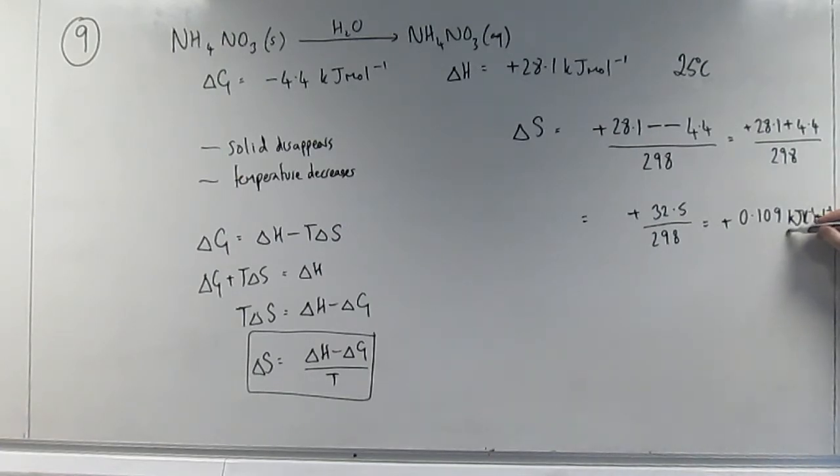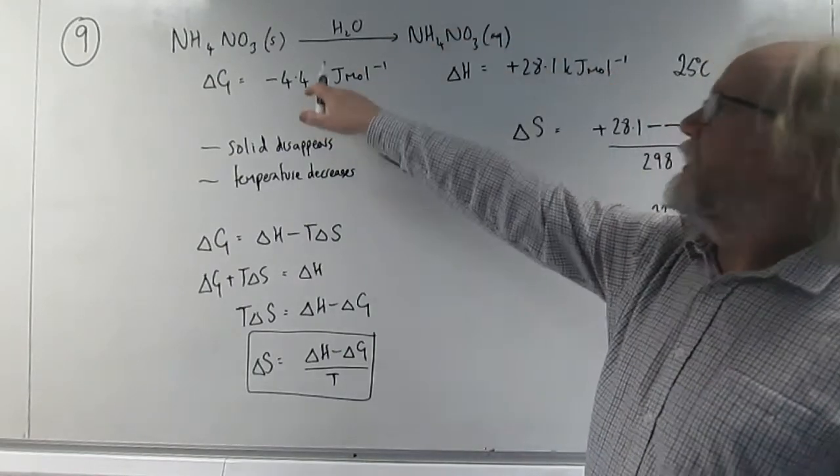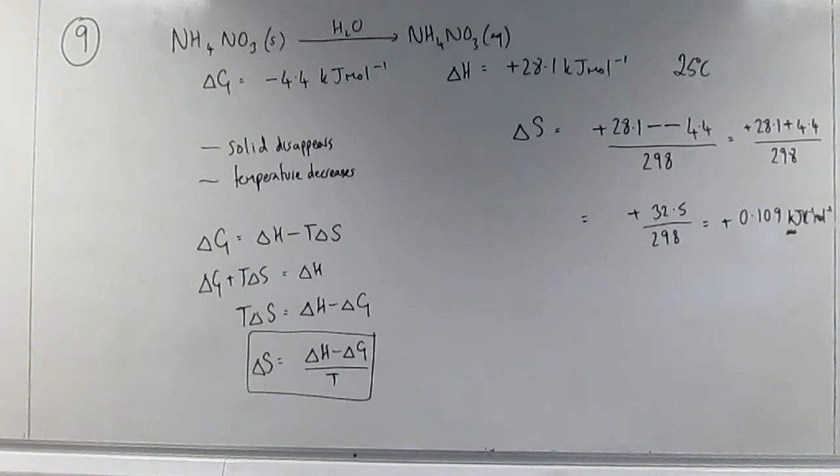Okay, and that's where you've got to be careful, because that's not the usual unit for entropy. We normally use joules per Kelvin per mole, but it comes out in kilojoules because the numbers you fed in had kilojoules in the units.